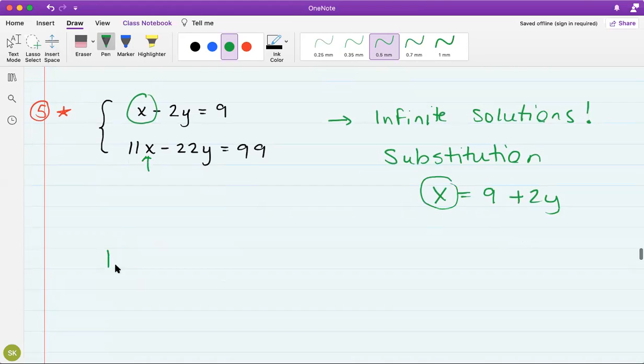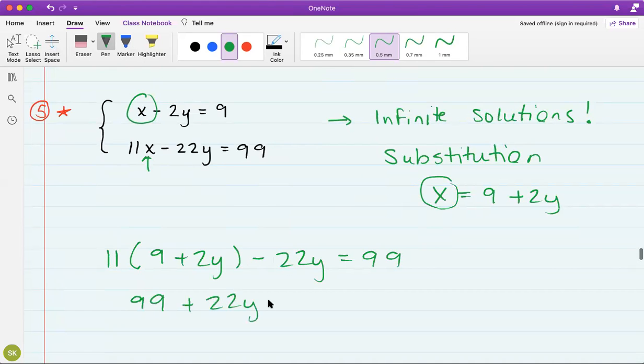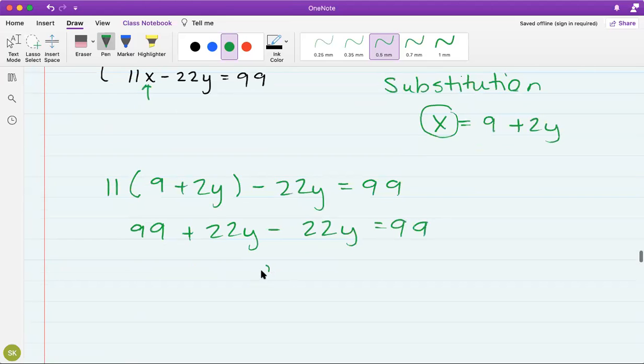So I get 11 times 9 plus 2y minus 22y is 99. So we get 99 plus 22y minus 22y is 99. And notice that these go away and we get that 99 is 99.